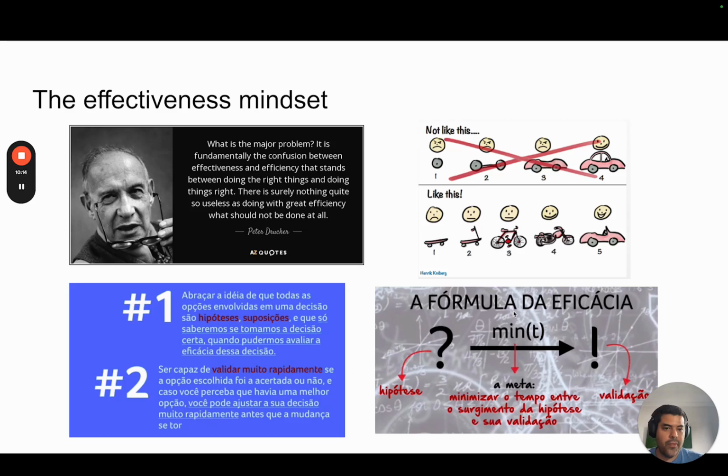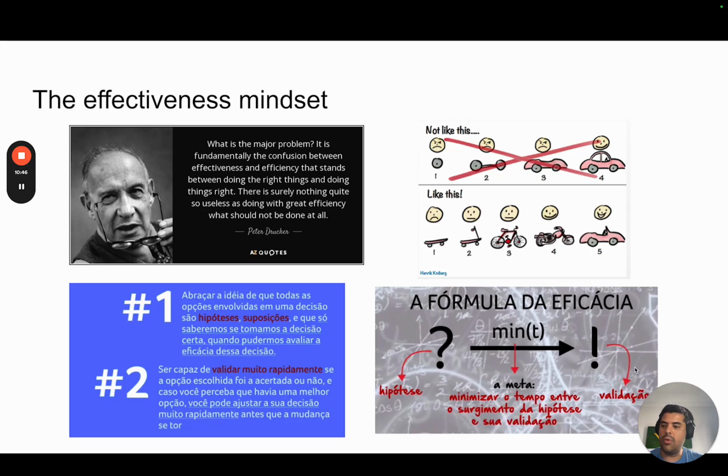So this is the formula of effectiveness, right? What is the formula for being effective? You need to minimize the time that it takes from a hypothesis or an assumption becoming a fact or validated information, right? Minimize the time between the appearance of a hypothesis and its validation.